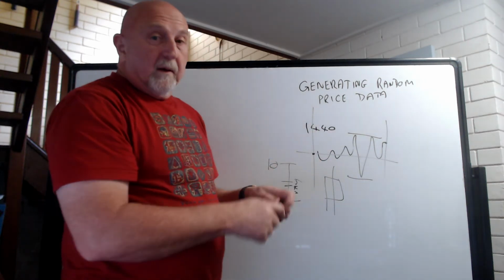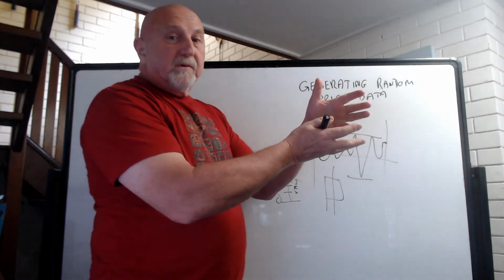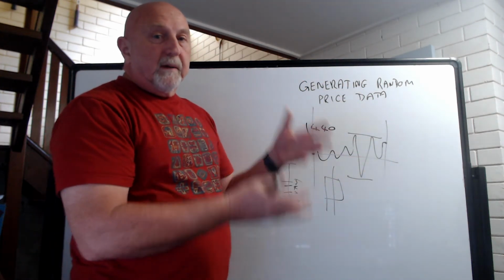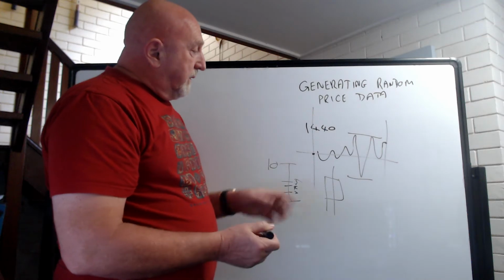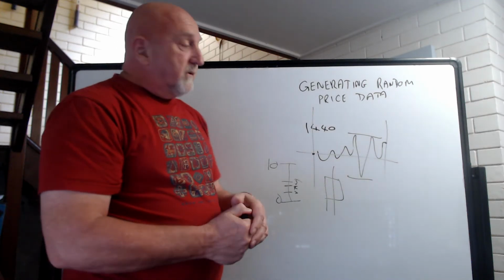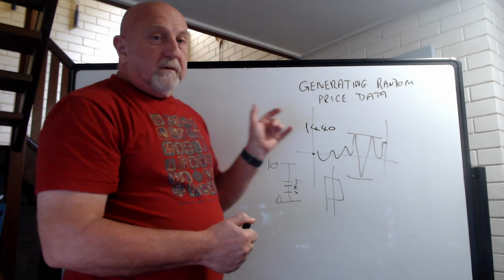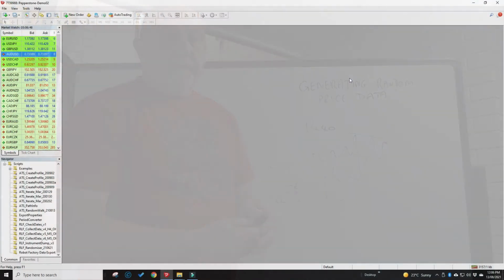And that way we generate a push to the upside or a push to the downside. So we're affecting the random data and we're pushing it up and down. What we do though is, and you'll see in the demonstration shortly, we're using this same signal sequence to generate our random data throughout. Okay, well thanks for that, Fred.